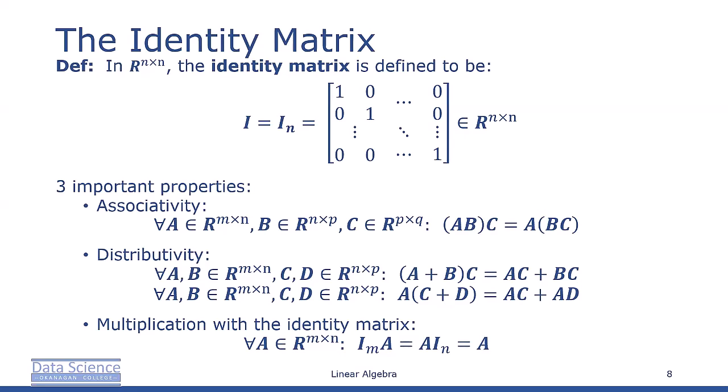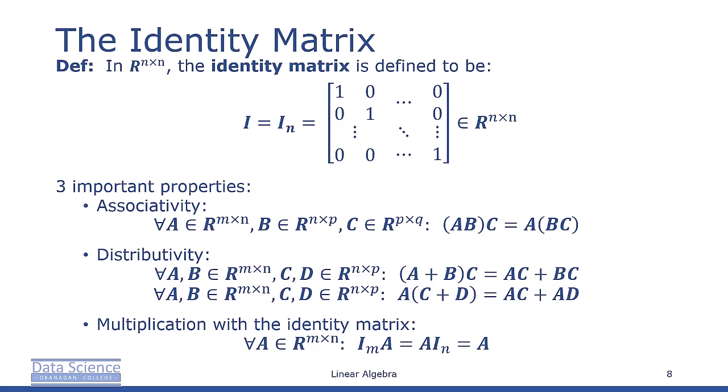Here are 3 important properties of matrices that we should all know. They're associative. So, assuming that the dimensions work out, so A is m by n, B is n by p, and C is p by q, (AB)C is equal to A(BC). They're distributive.